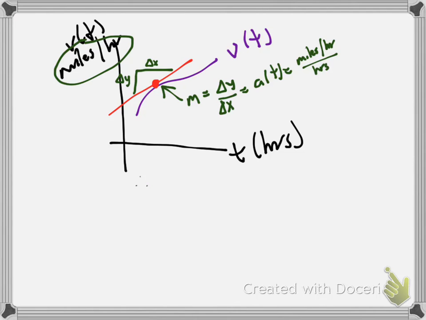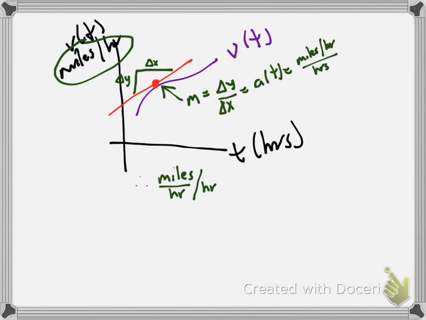So I know some of you, I always get that question, why is acceleration in miles per hour? Well, this is why. Because the change in y would be miles per hour, and then per hour.